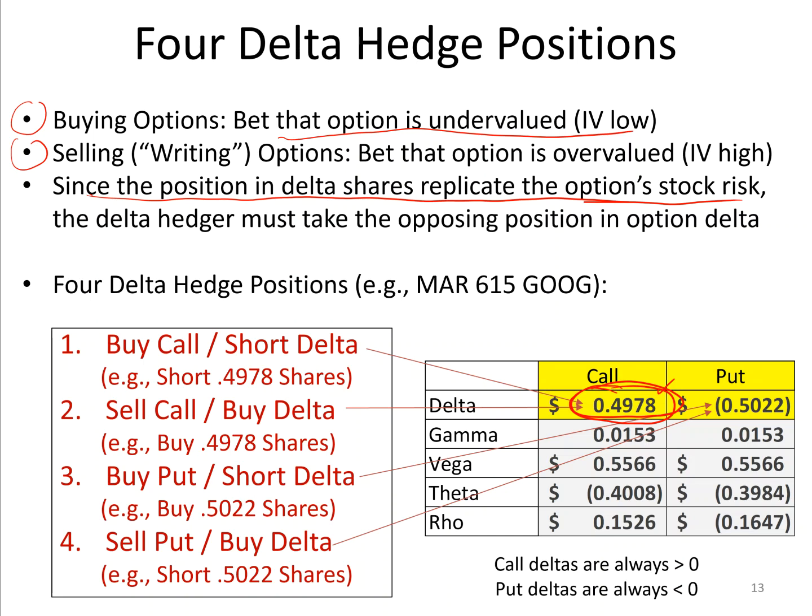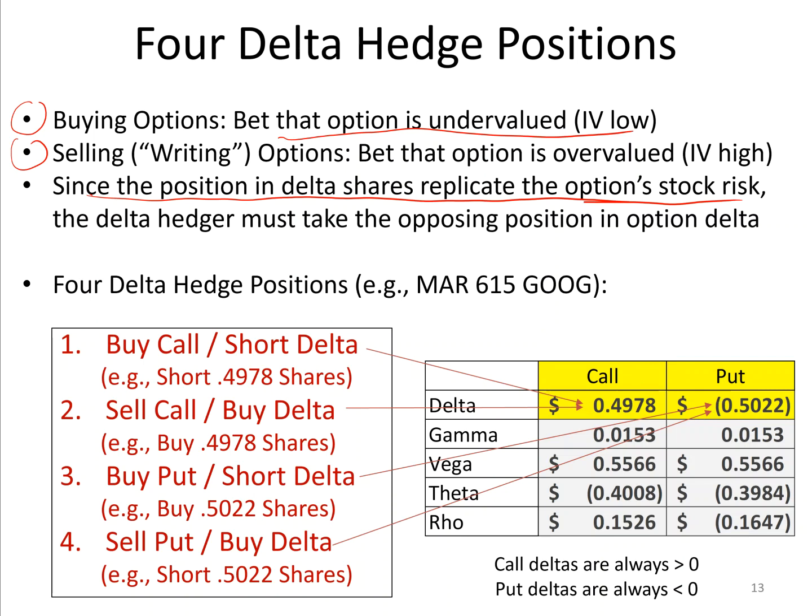Since if the stock price goes down by $1, the option would lose 50 cents, but if I shorted half a share, I'd gain 50 cents. So that's the basic intuition into delta hedging: you would buy or sell the option and then take the opposing position in the delta.